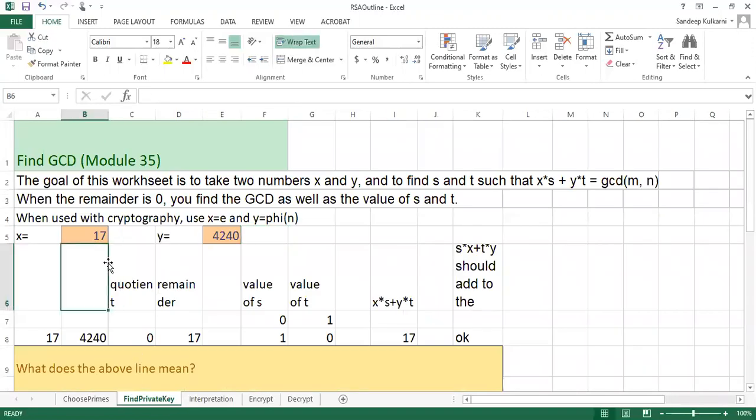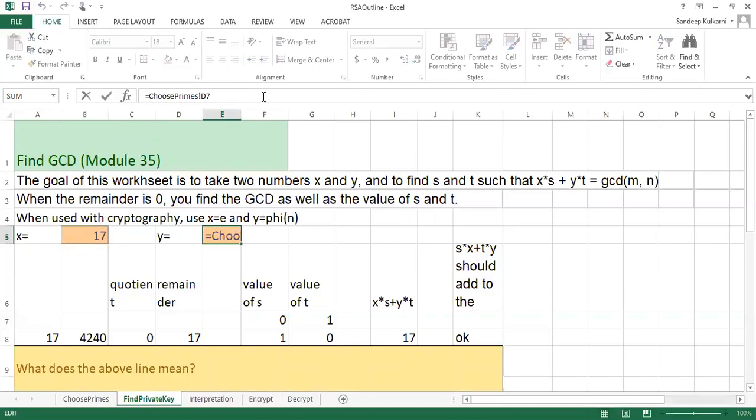The way we find the private key is we start with the 2 numbers that we have. This number, if you observe, we are getting from the public key. This is what we get as the value of phi of n.